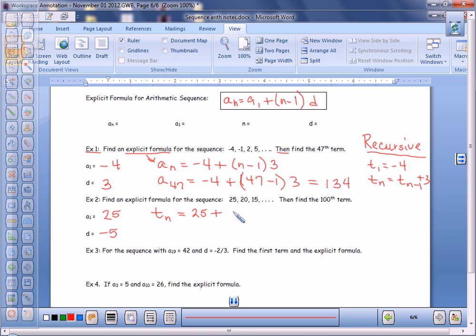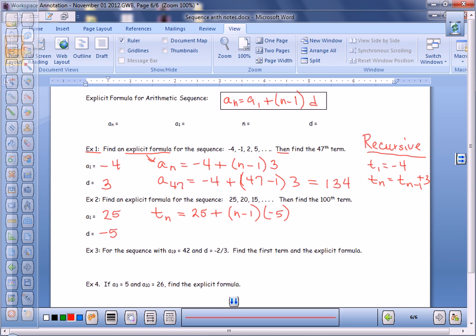All right, I heard several people go, why is it T? It was just A. Okay, you can use A or T. A is what you use when I'm basically telling you this is arithmetic. T is what you can use for any sequence.